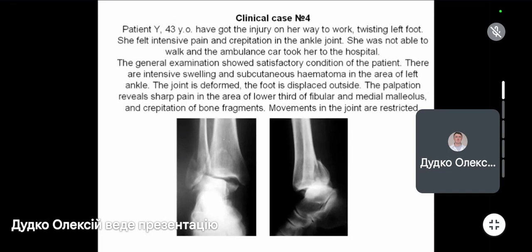After that, you're prescribing further treatment plan.